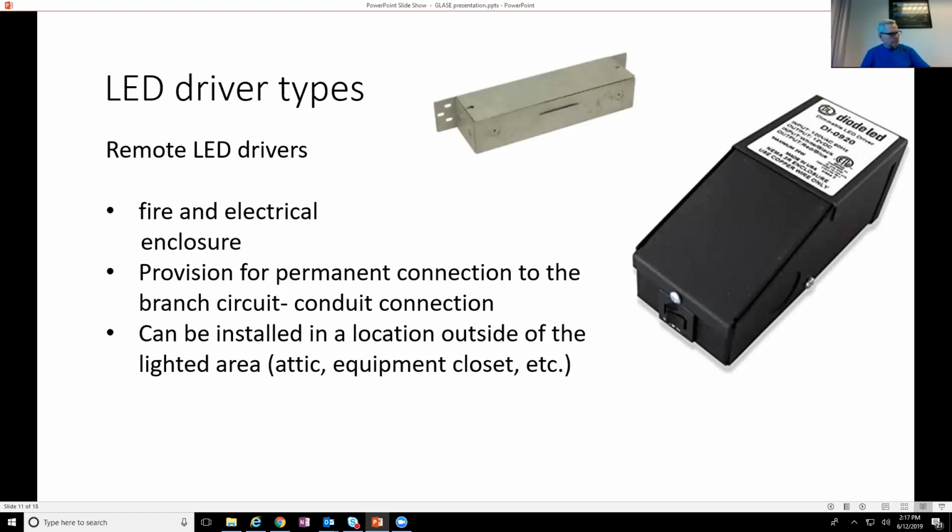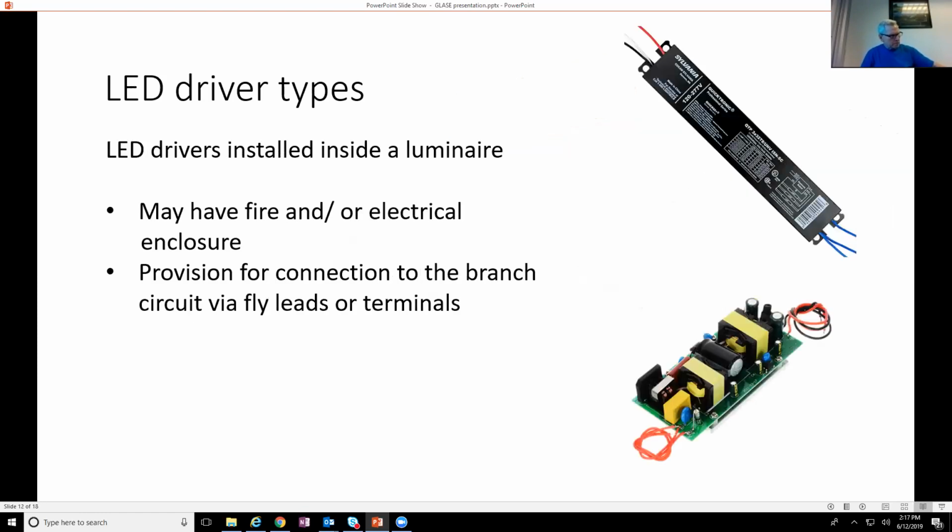Normally, they will have their own appropriate fire and electrical enclosure. Or you can have drivers that might sit inside the luminaire itself. I am showing two versions of these. They might or might not have their own fire and electrical barrier, and they get connected to branch circuit with leads inside the equipment.